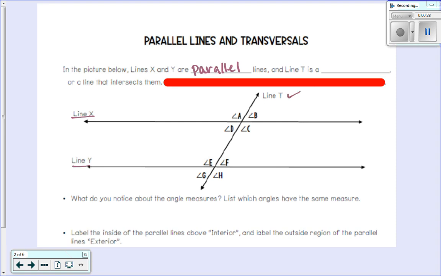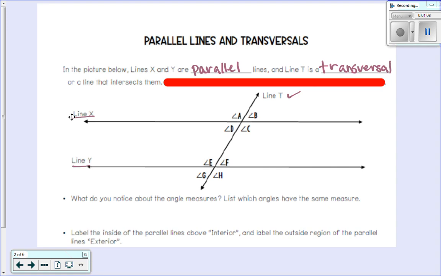Line T is a transversal, or a line that intersects the parallel lines. All right, so what do you notice about the angle measures? Do you notice anything yet? So we will see some more relationships about these angle measures, and we will be listing which angles have the same measures and all that.